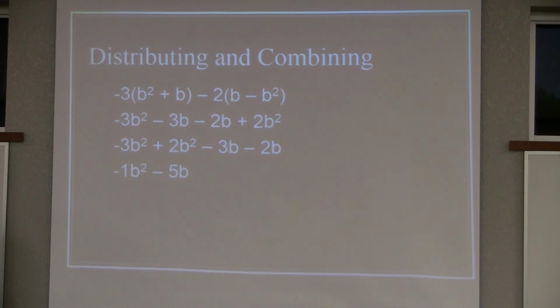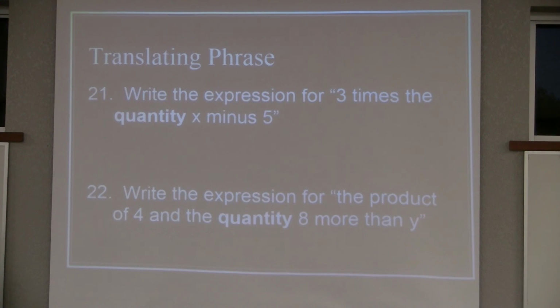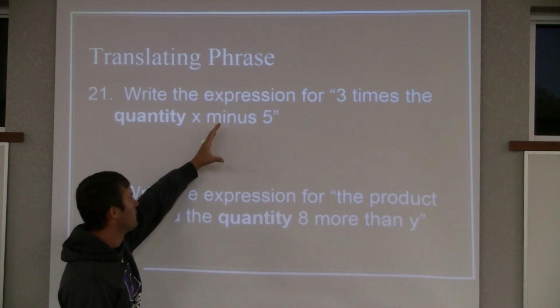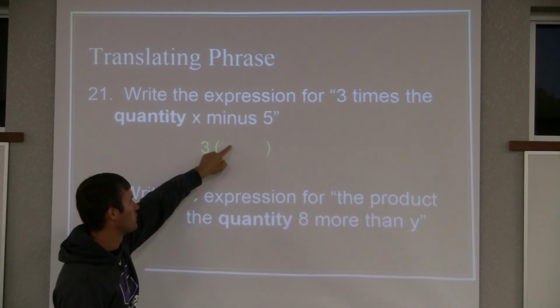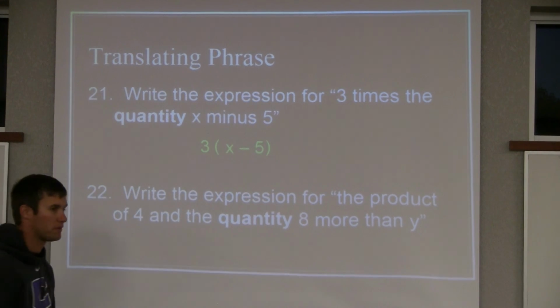The last thing you're going to see is just a word problem. Anytime you see the word quantity, that means we're going to put parentheses. So if we want to write this as an expression, 3 times the quantity, so 3 times parentheses, x minus 5.